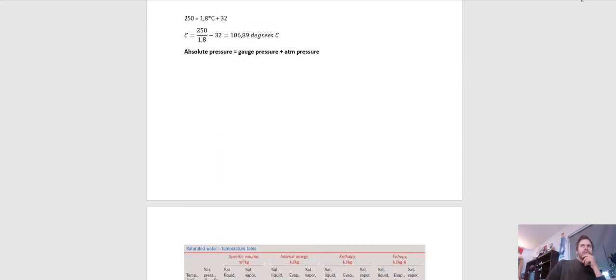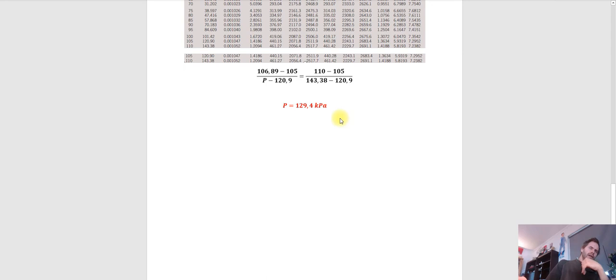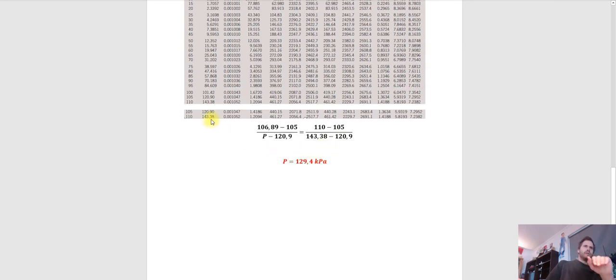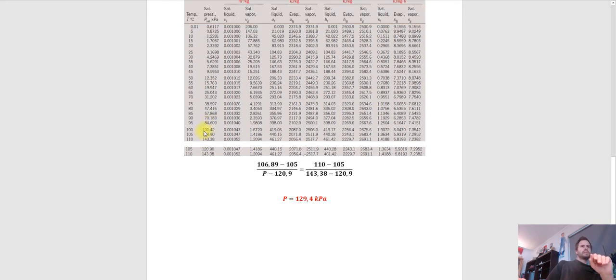Alright. Well, if there was no pressure cooker, the pressure would be only 101.42 kilopascal. But it has a lid on, a lid with pressure.